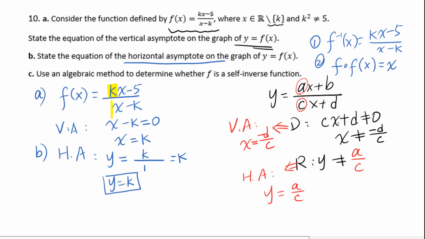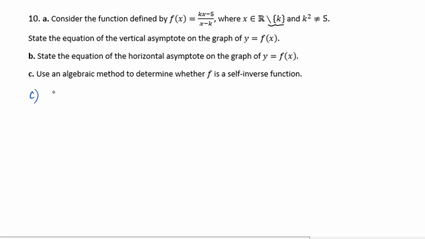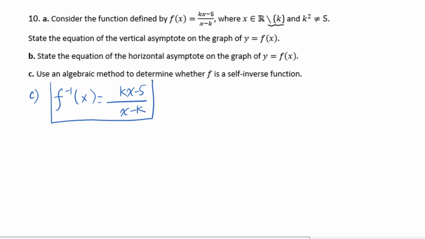I will show you both ways to prove whether the f function is a self-inverse or not. Work out this inverse function to prove whether this function is a self-inverse function or not.